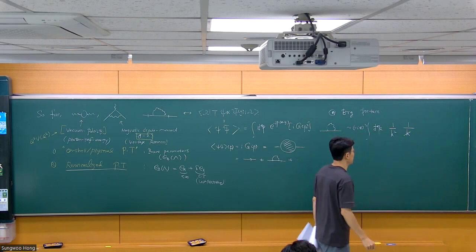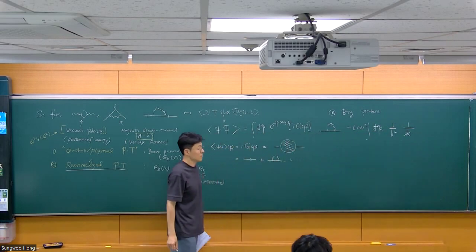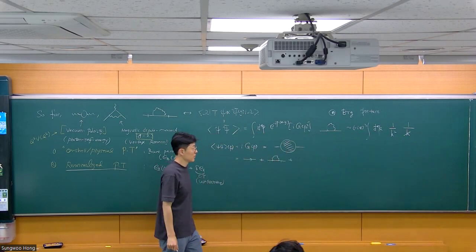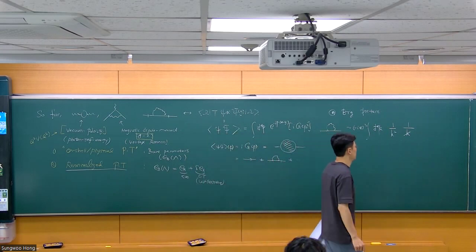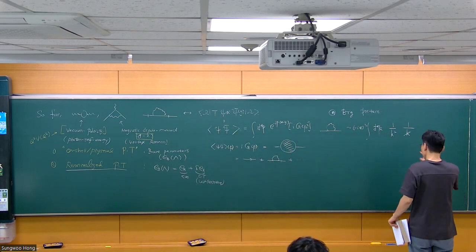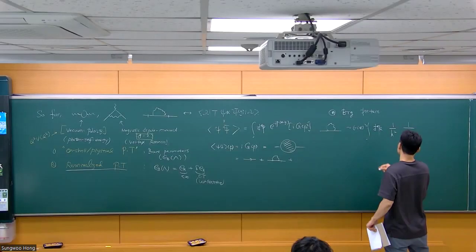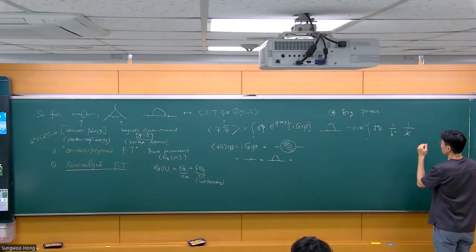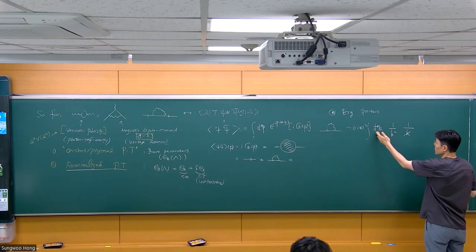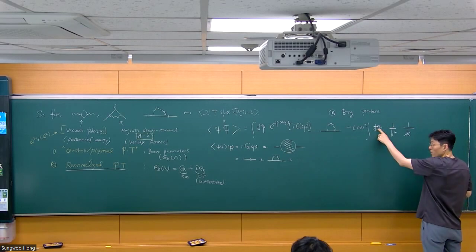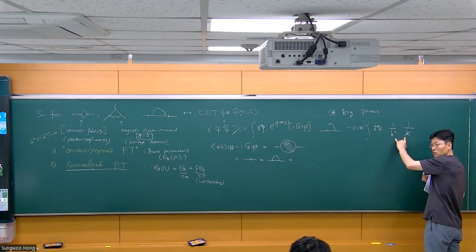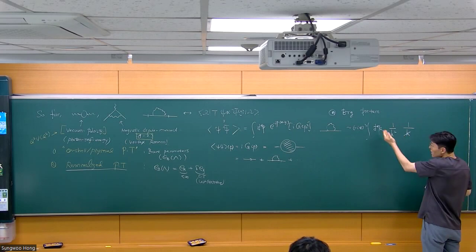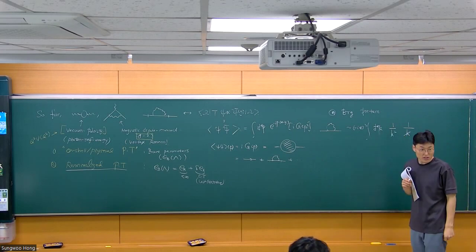So I'm being super naive here. Naively, if you just try to see the superficial degree of divergence, there's a fourth power in the numerator and a cubic power in the denominator. You might say this must be linearly divergent.